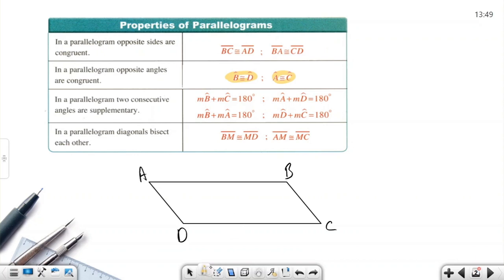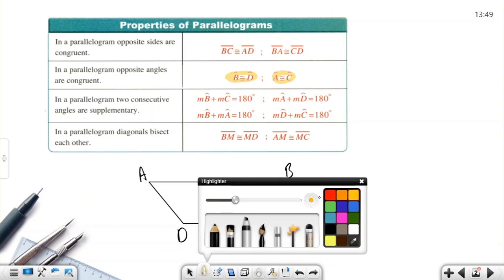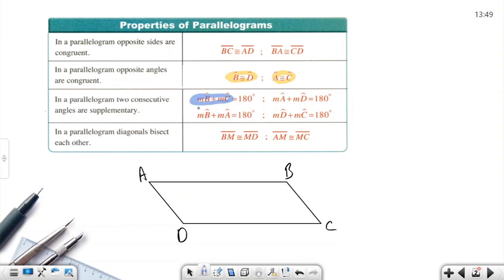Here it says angle B plus angle C. Oh, sorry, I cleaned all of it. Okay, let's check that one. Let's change color. Angle B plus angle C. So these are consecutive angles. A and D, as you see, are not congruent.